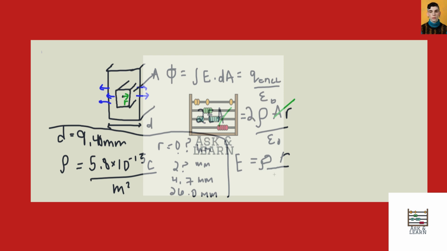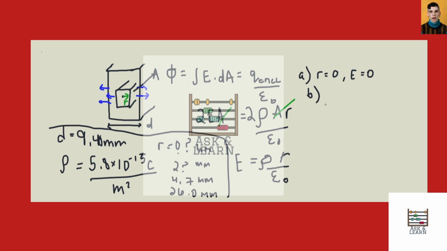So you're left with an even simpler formula: just rho R over epsilon naught. For A, R is 0, so E is 0.